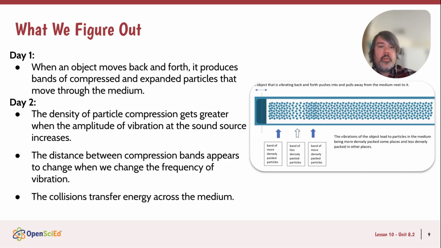You're going to have thicker bands of squished particles, as I would say with my students, when things are much louder and have a greater amplitude. The distance between the bands can change depending on changes to the frequency. And ultimately, it's a series of collisions, like a chain reaction, transferring energy from the sound maker all the way to the sound detector.